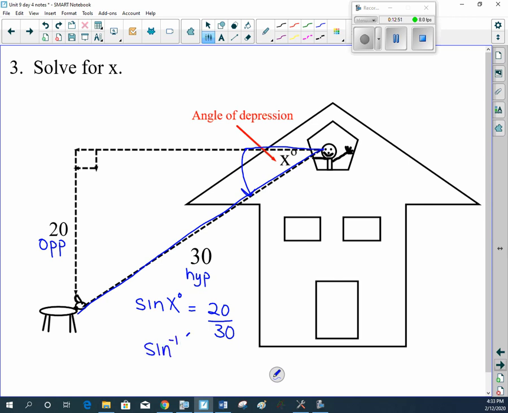So inverse sine of 20 divided by 30 will give you angle x. So inverse sine 20 divided by 30, and it turns out to be 41.8 degrees. So that angle is 41.8 degrees.